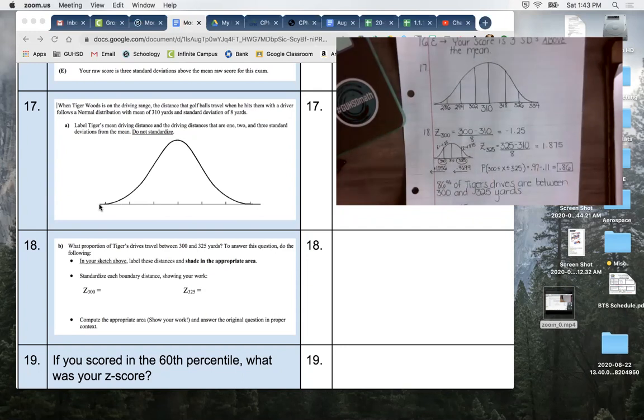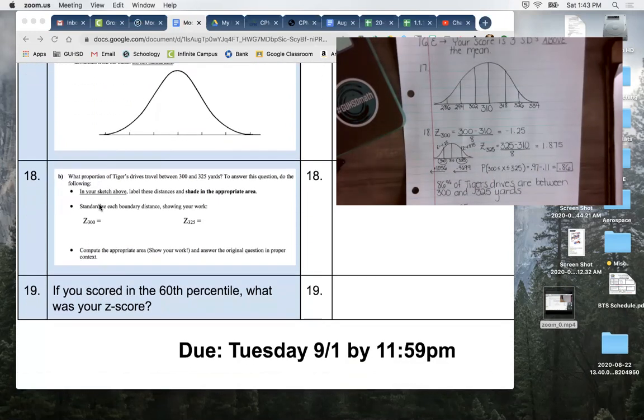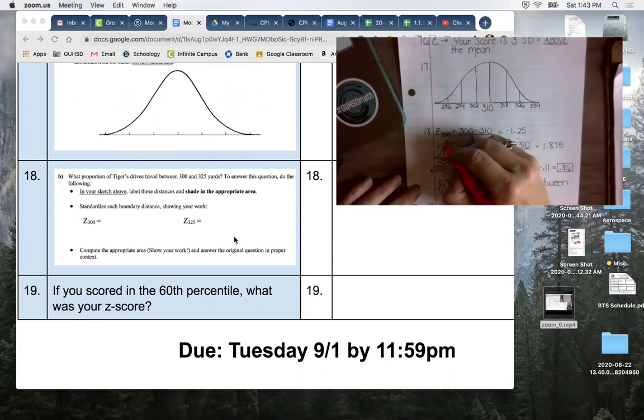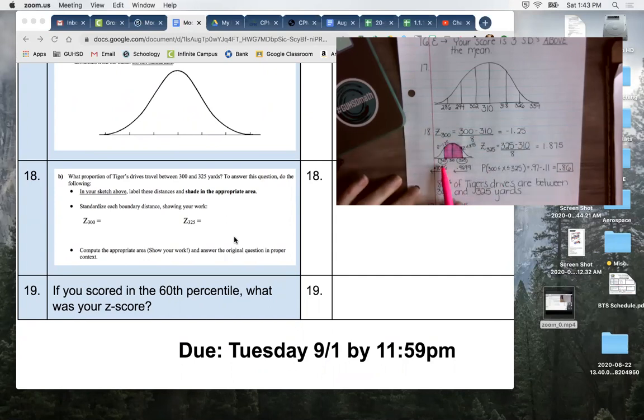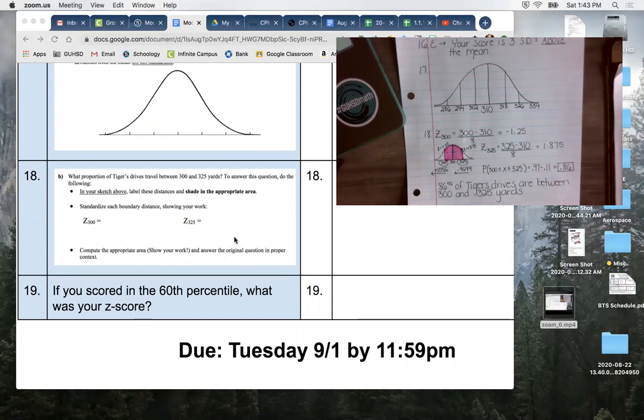Okay, moving on to the actual problem related to that. So now we want to know what proportion or percent of Tiger's drives are between 300 and 325 yards. So I have it broken down here, but really what we're doing is we are building this picture. I'm shading in the middle. So I want to know what percent are between 300 and 325.